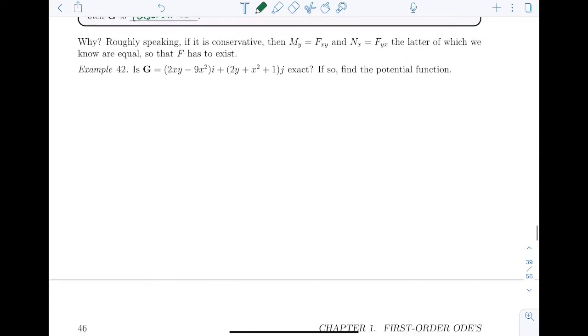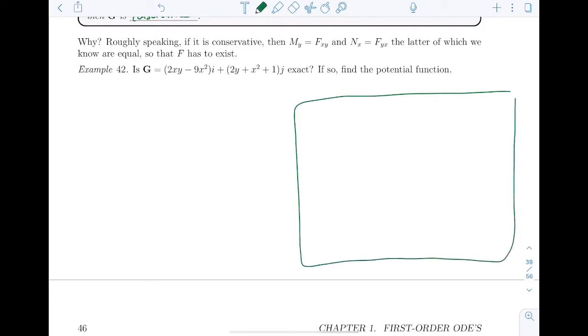I'm going to use some of this space down here because I'm going to draw a picture that I want you to sort of keep in your head. So here is the f function. We take the partial derivative with respect to x and we get M. We take the partial derivative with respect to y and we get N. Then for M, we take the partial derivative with respect to y, and you get My, which is fxy.